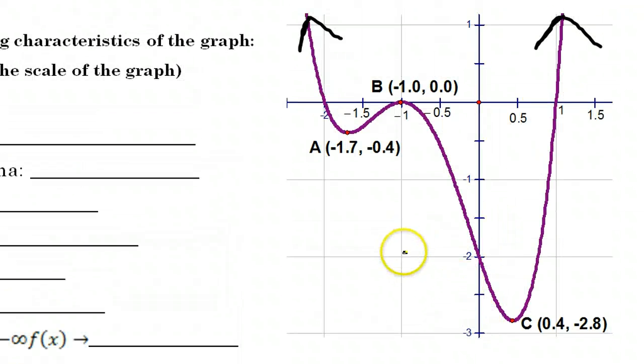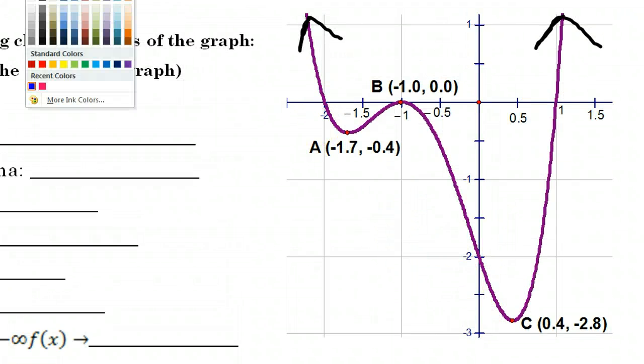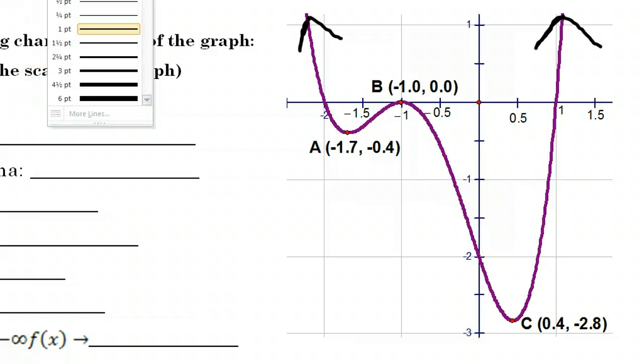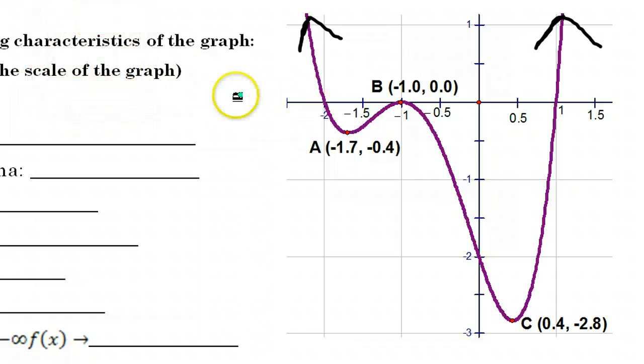Alright, so the idea is we are going to be traveling from left to right across this graph. Okay, so that means we're starting here from negative infinity and we're going to end up at positive infinity.